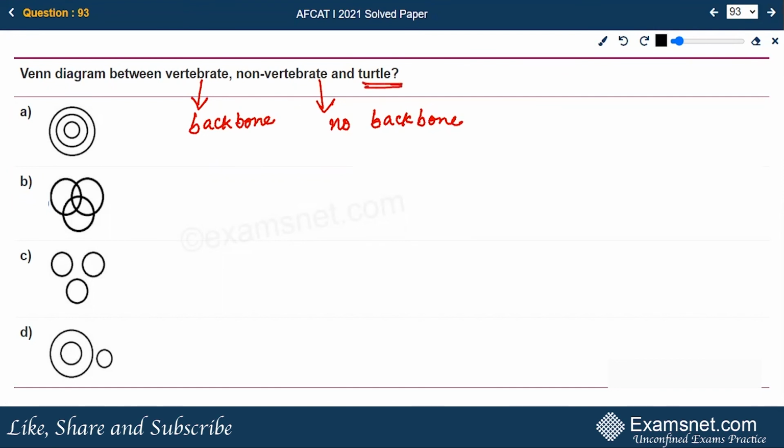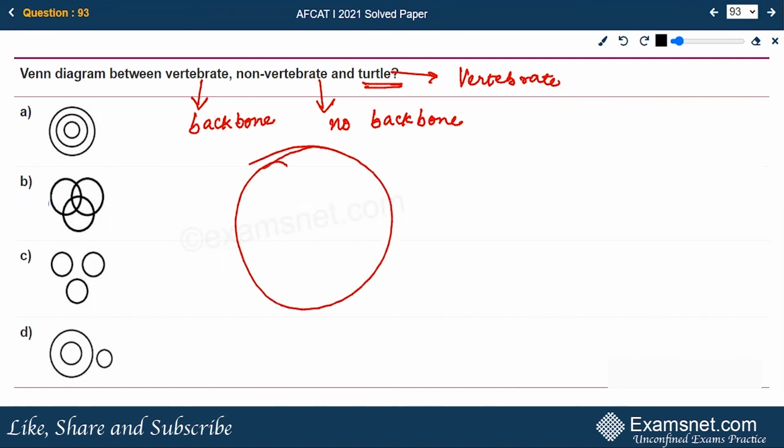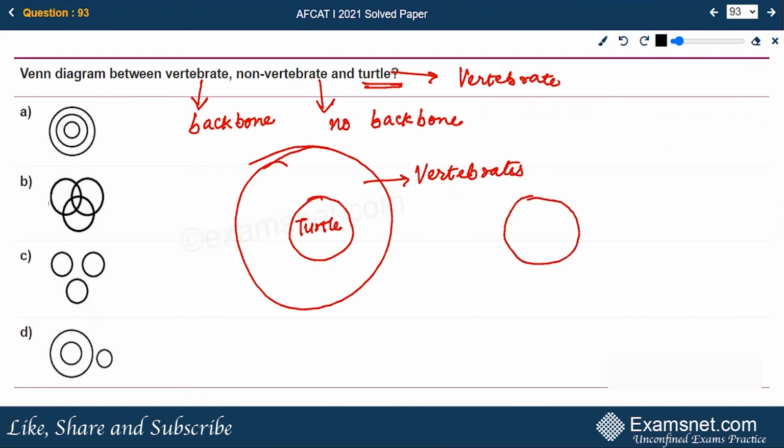And a turtle has a backbone, therefore a turtle is a vertebrate, right? So see, this represents vertebrates. Turtle is a vertebrate, and there is another set which is non-vertebrate. So your correct answer is option B.